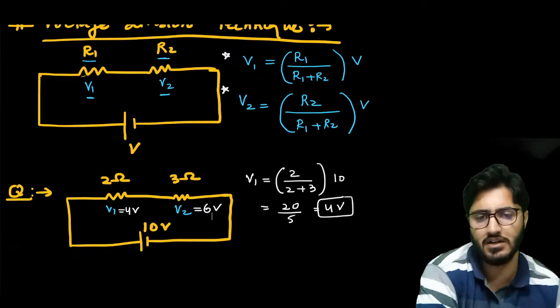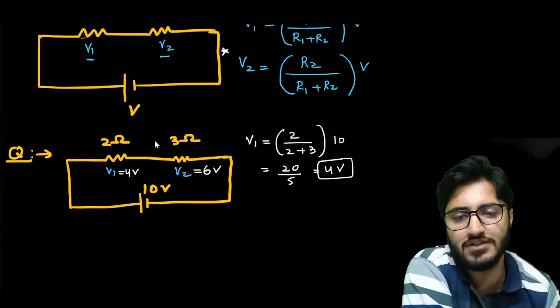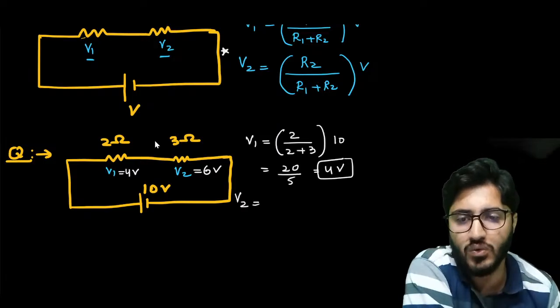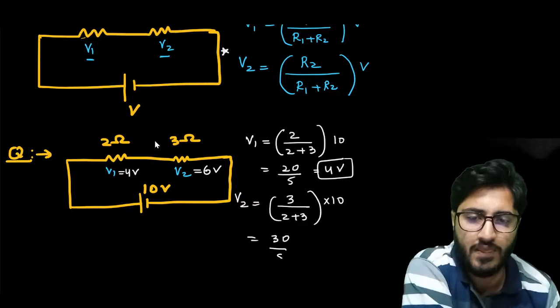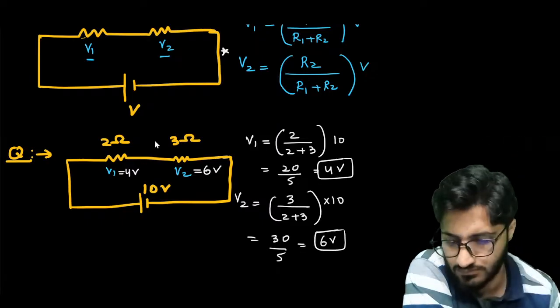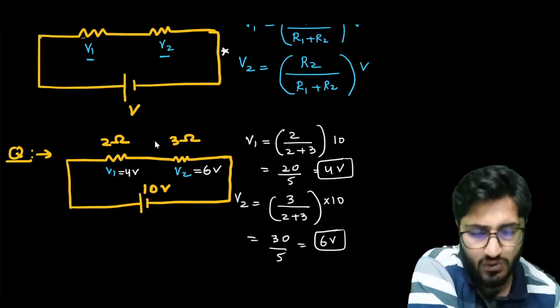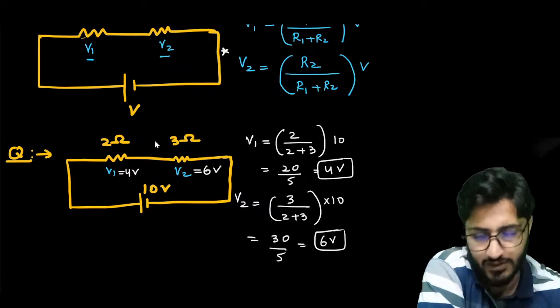I will use the formula also, no issue. It would be R2, which is 3, divided by 2 plus 3, multiplied by 10. So I will get 30 by 5, that is 6 volt. This is how we need to apply the formula.